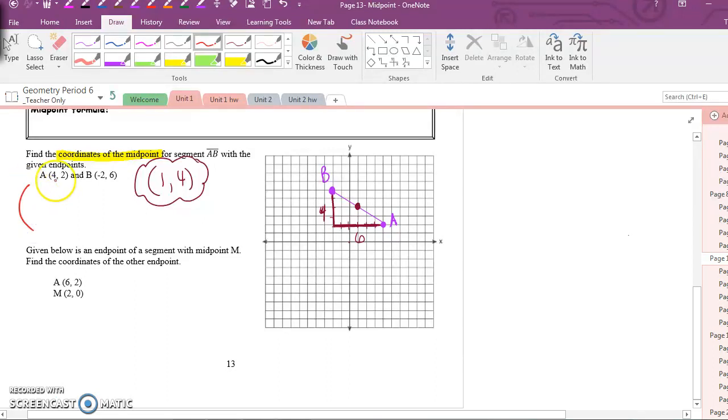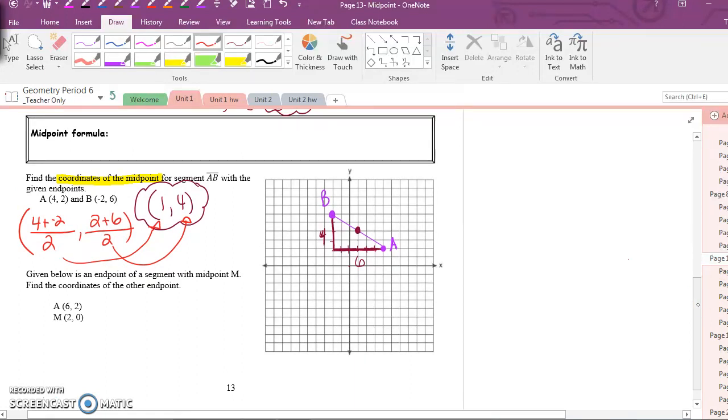The x value for A is 4, for B is -2. If I add those together and divide by 2, I get 1. If I look at the y's, the y value of A is 2, the y value of B is 6, 2 plus 6 is 8, divided by 2 is 4. So when you're finding midpoint, you're finding the average.